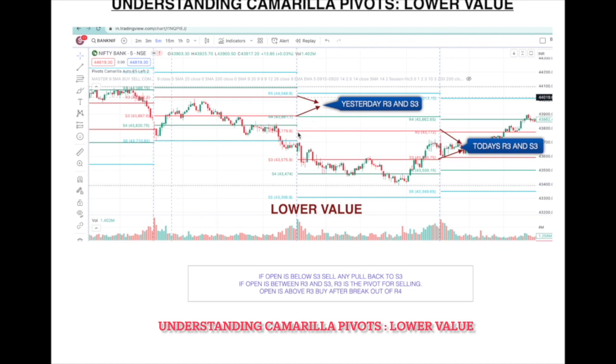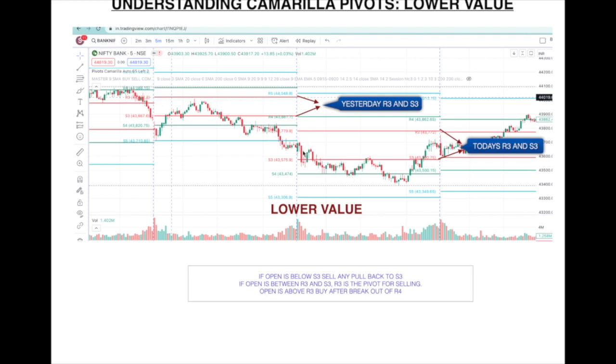If the market opens between R3 and S3, see this is the condition here. The market has opened here between R3 and S3. Any pullback to R3 will be a selling opportunity. Can you see here? It first pulled back, and gradually it went down.